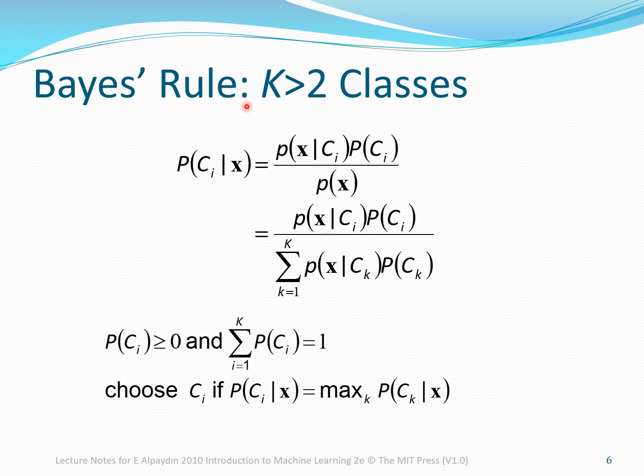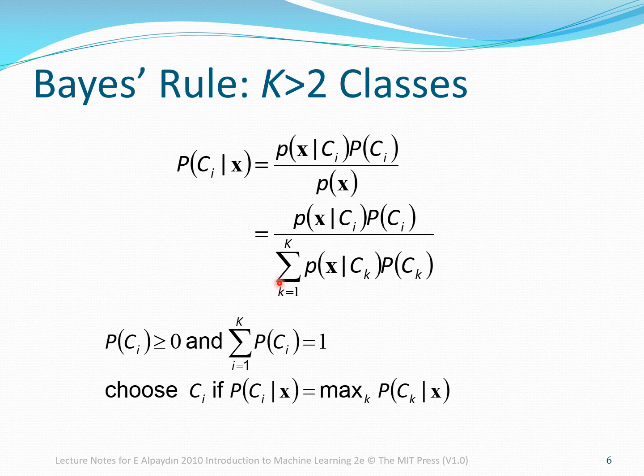Continuing with Bayes' rule. In the general case, we have K mutually exclusive and exhaustive classes Ci, where i belongs to 1 to K. The posterior probability of class Ci can be calculated as follows: P(Ci | x) = P(x | Ci) P(Ci) / P(x), which equals P(x | Ci) P(Ci) / the sum over k = 1 to K of P(x | Ck) P(Ck).